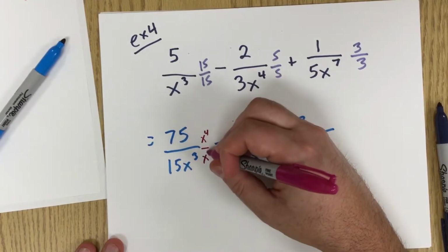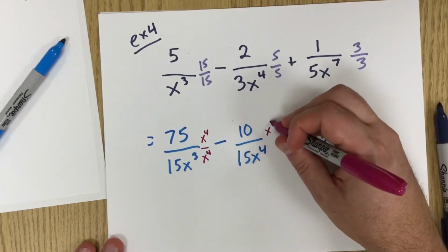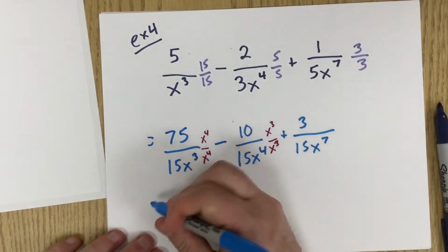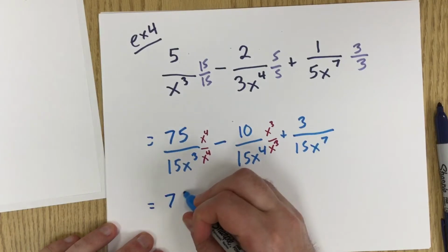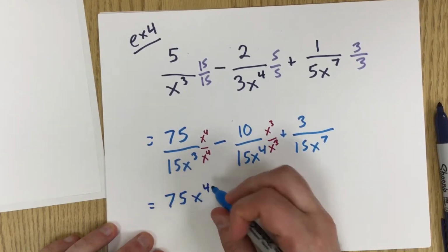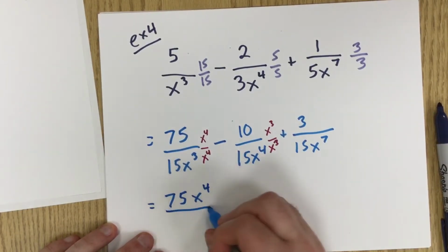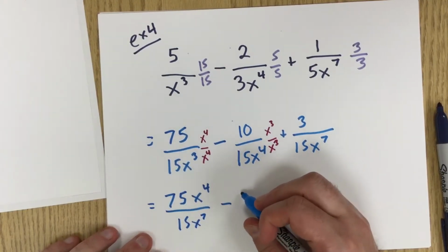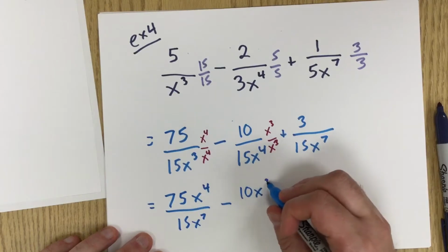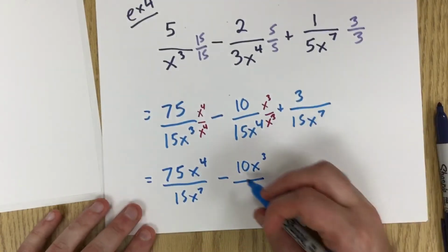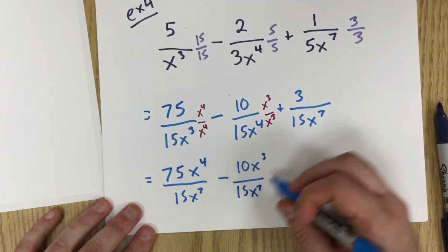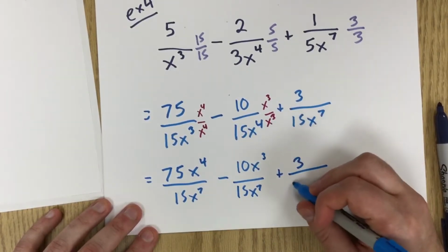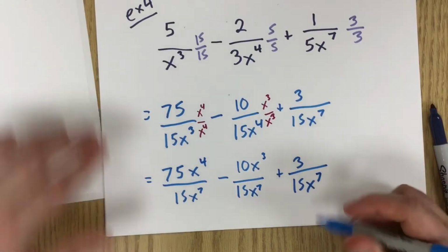So we'll multiply by x to the 4 over x to the 4, by x to the 3 over x to the 3, and by nothing, because we're good to go on that one. So it's going to be 75x to the 4 over 15x to the 7 minus 10x cubed over 15x to the 7 plus 3 over 15x to the 7.